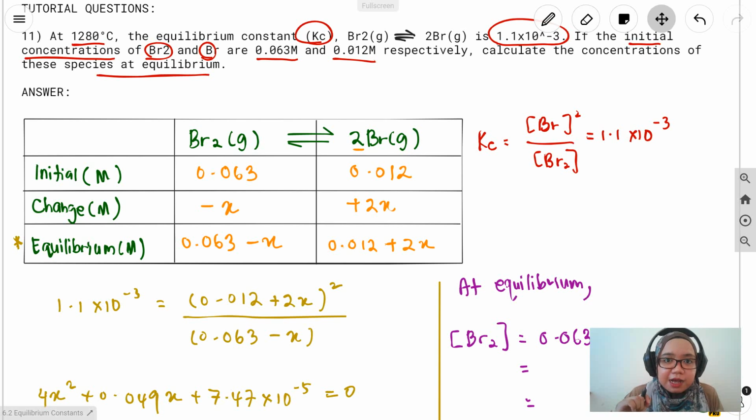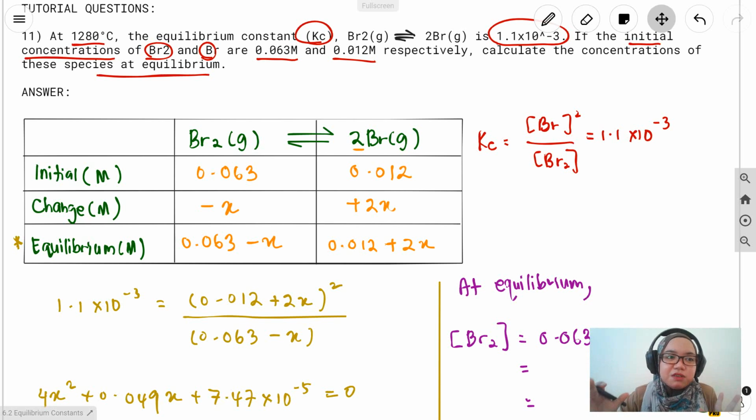However, after I calculated it again, both of the x values can be negative. However, only one negative value is acceptable in this case, because the other one is not acceptable. Okay, let's look at question 11.